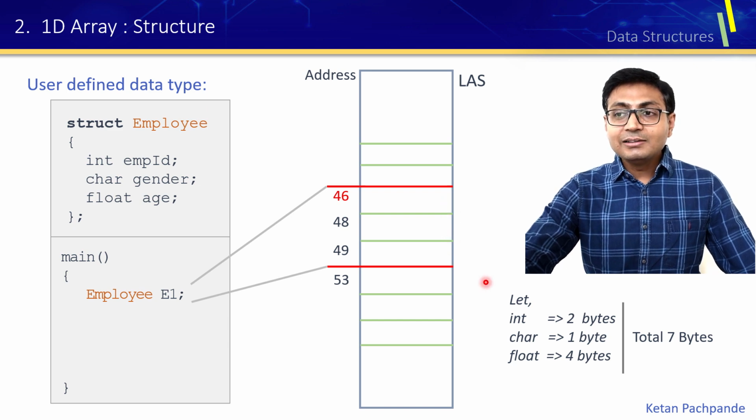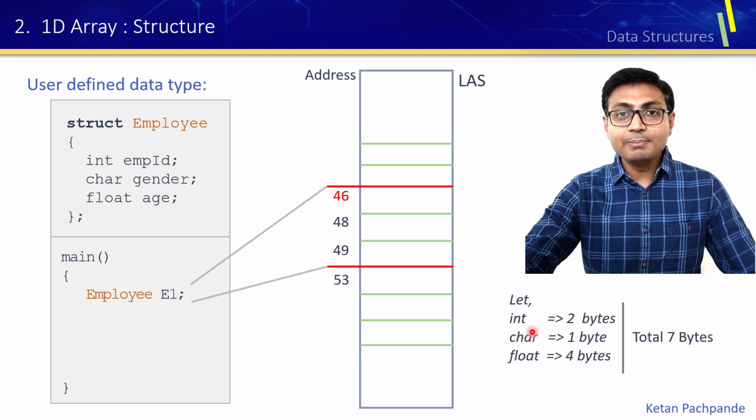Now consider that an integer size is 2 bytes, a character size is 1 byte, and a float size is 4 bytes. So what is the total size of this structure I have defined? It is 7 bytes. So if you define a variable of employee, 7 bytes are going to be allocated by the operating system.